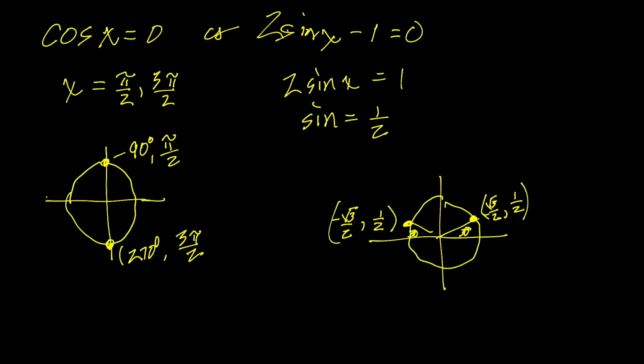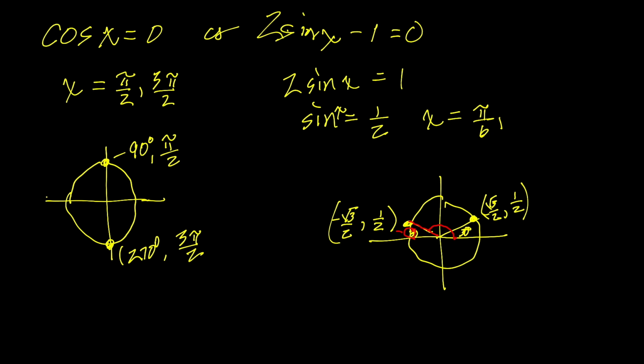So the angle I'm looking for, forgot my x, is that x would have to be 30 degrees or pi sixths. And if I went all the way over to this angle here, this is pi sixths as my reference angle.